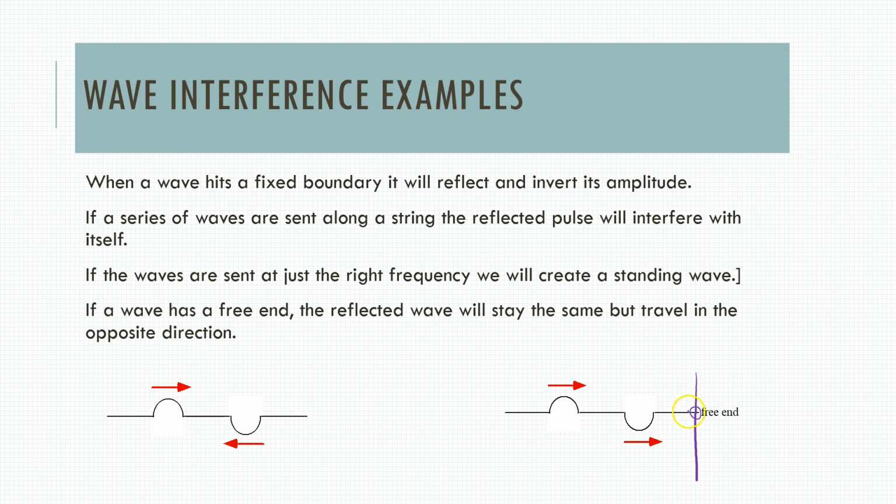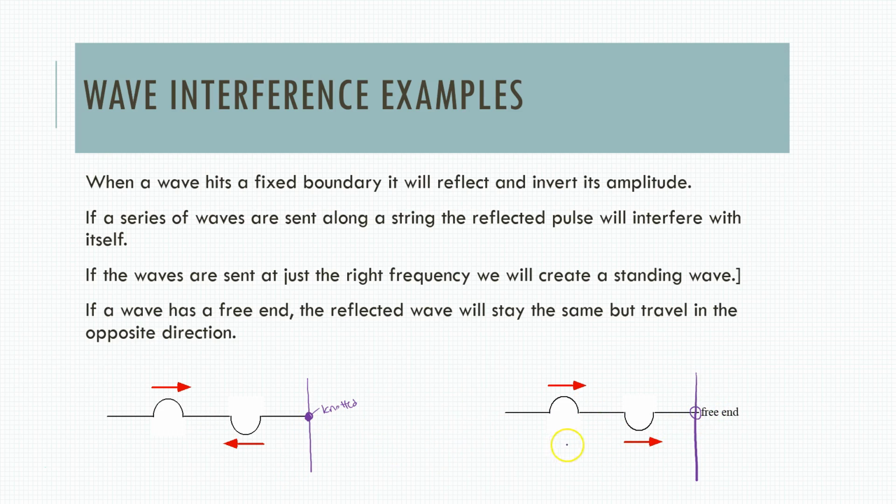If it has a fixed position, we're pretending that there's a wall or a pole here and the rope is actually tied to it, maybe knotted to the pole, or tied to a doorknob, or someone is holding on to it and not letting it move. Whereas this one is free to move. This rope can move up and down on the pole, but it's free to move about. It's not fixed in place.